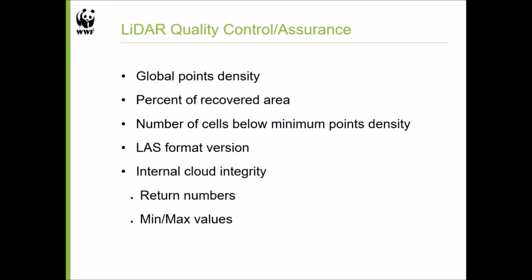We also have to check the internal cloud integrity. That is, for example, if a cloud is specified as having 50 million points, you see in the header that it is 50 million points, but you have to go inside the cloud and count these points to check that the number of points specified are really present inside the cloud, okay?